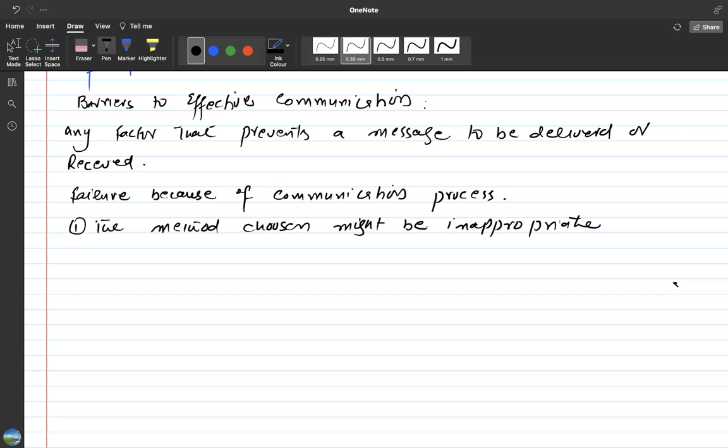It won't be possible to understand a flow chart through voice channels. Long details in verbal messages: if we send long details through voice messages or a telephone call, they will be forgotten easily.